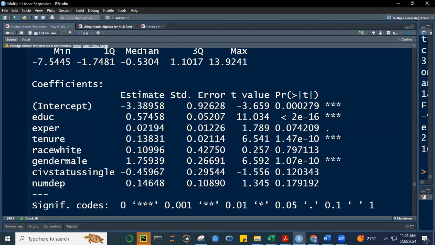Tenure is significant. Race is not significant. Gender male is significant. Civil status and number of dependents are not significant.